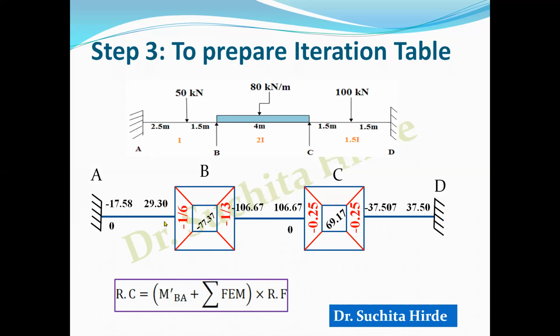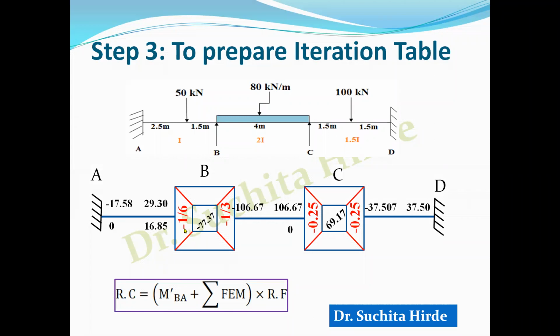You will get rotation contribution for BA and rotation contribution for BC. So to get rotation contribution for BA, we have to add far end values plus fixed end moment, multiply it by this, that is rotation factor right here. So if you calculate this, let us see what you get. So you get rotation contribution BA as 16.85.